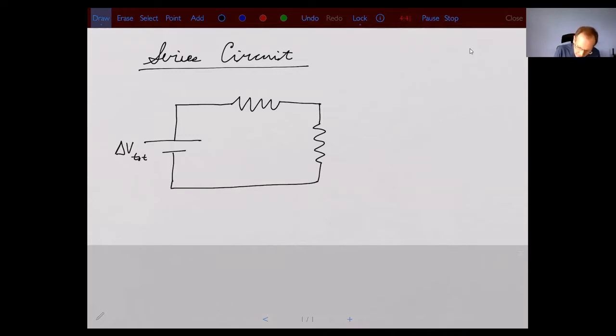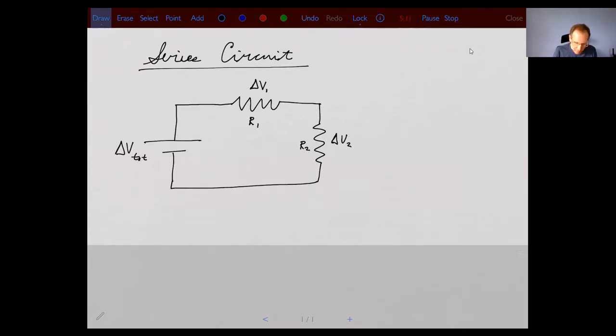I'll call this R1, resistor 1, and I'll call this R2. And each resistor has a voltage drop across it. So I'll call that delta V1, and I'll call this delta V2. So delta V1 is the voltage drop across R1, and delta V2 is the voltage drop across R2.